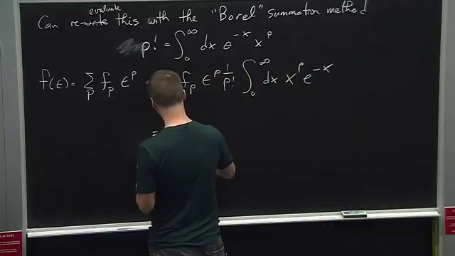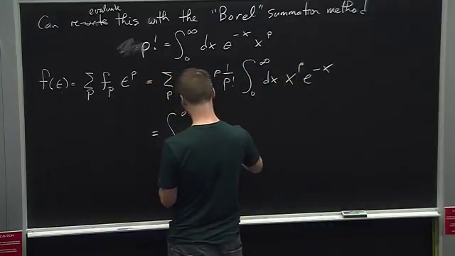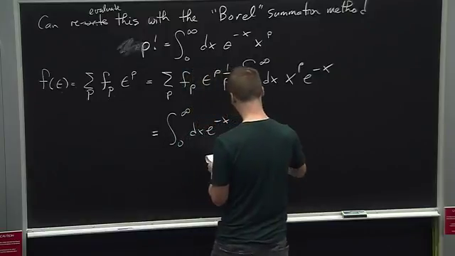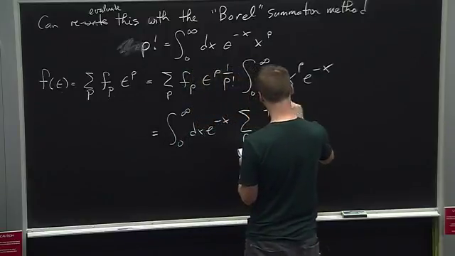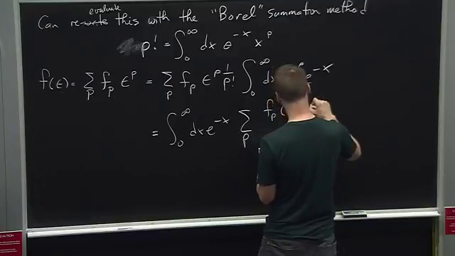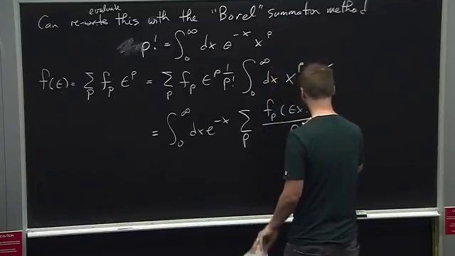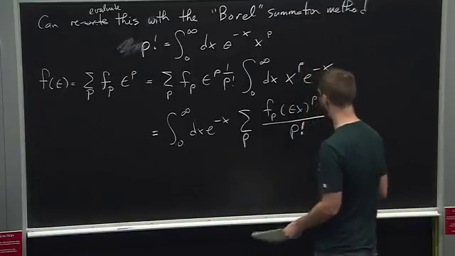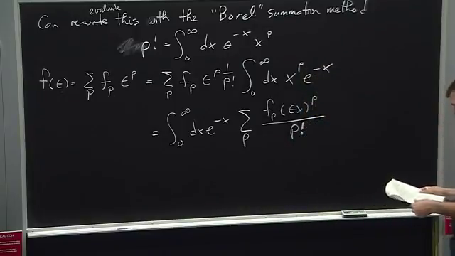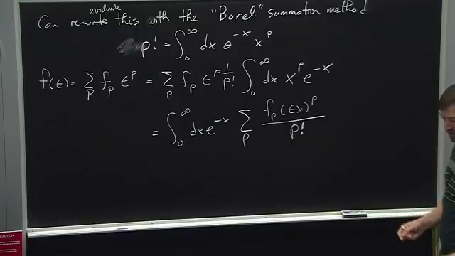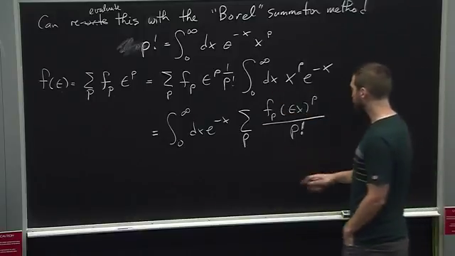So I can rewrite this as an integral over a sum, epsilon x to the p, factorial. And this final sum here is convergent.